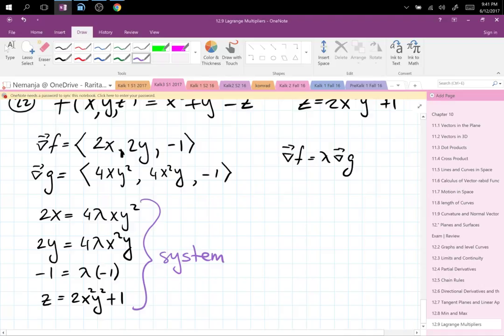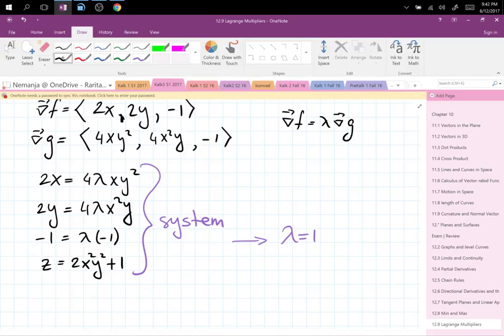So what do you learn from line 3? Lambda must equal 1. In order for minus 1 to be equal to minus 1, lambda must be 1. That kills lambda. Lambda equals 1, you can just erase it everywhere. And you are immediately done with one variable. You are left with x, y, and z to worry about, 3 equations now. So if you ever see an equation like that pop up, that one is immediate. Lambda equals 1.